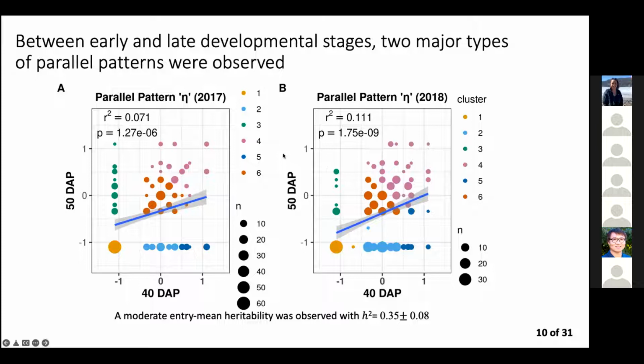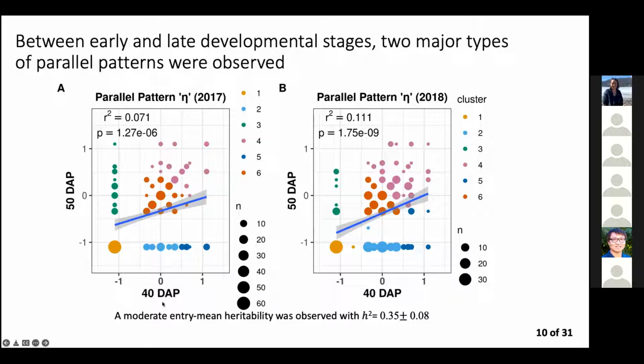So we then looked further to compare the consistency between the time points within each year. And interestingly, we can classify the data into 6 major clusters, with clusters 1, 6, and 4 exhibiting the parallel pattern fairly consistently and stably. Meanwhile, clusters 3, 5, and 2 on each side of the panel exhibit a strongly shifted parallel pattern.